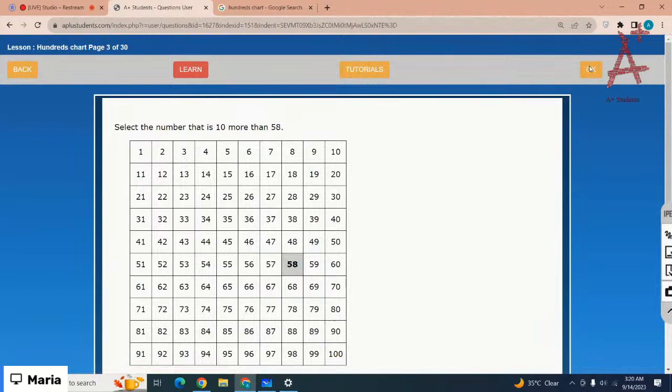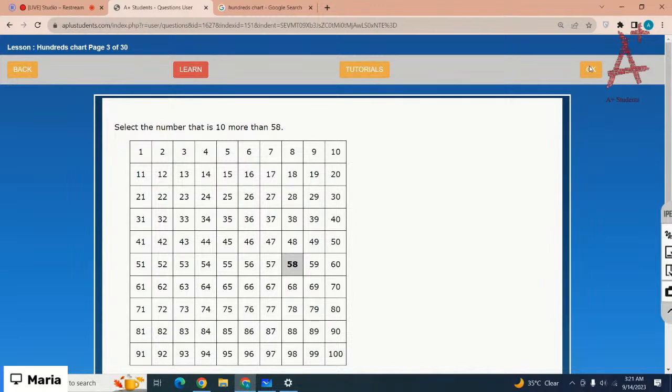Select the number that is 10 more than 58. Which is the correct option? 10 more than means you have to move one block down, right?